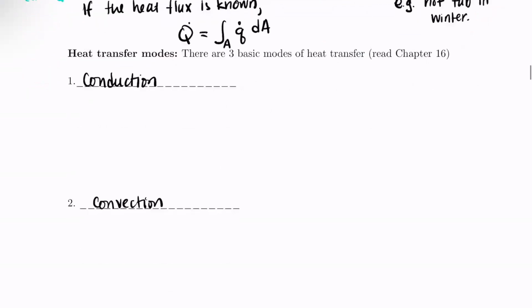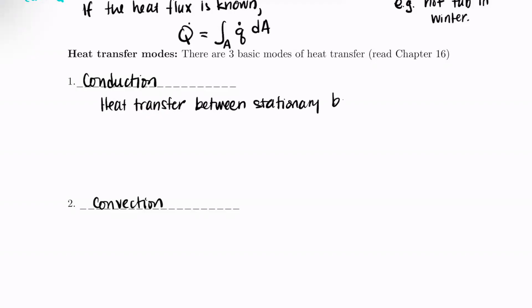Okay, so let's talk a little bit more about each of these in detail. So conduction is heat transfer between two, well, it could be more than two, between stationary bodies due to contact.